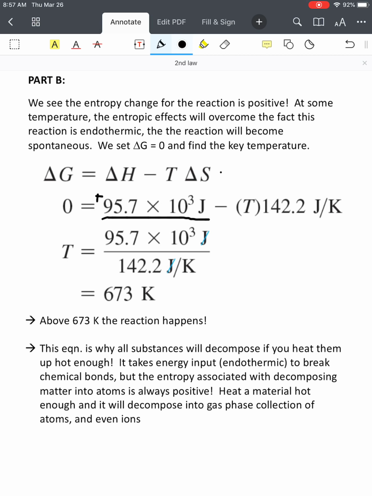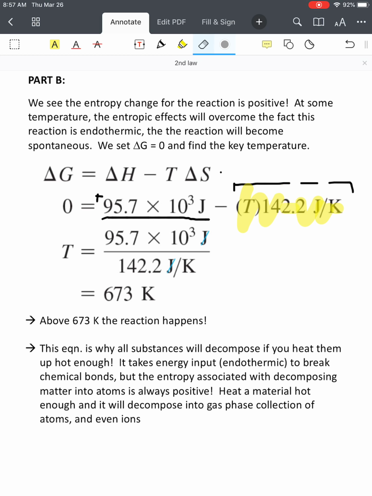But I might be able to overcome that positive delta H if I could subtract a large enough number. If I can make this T delta S negative enough, I could subtract a number which is bigger than my delta H, and in doing so make my delta G negative and make the reaction spontaneous.